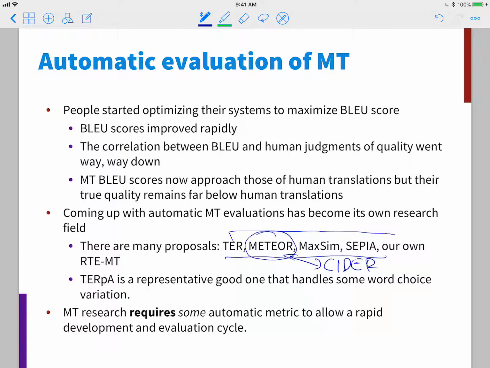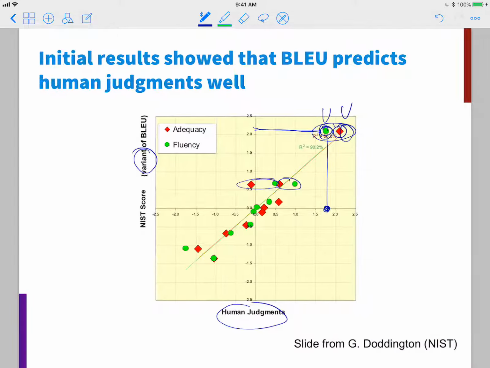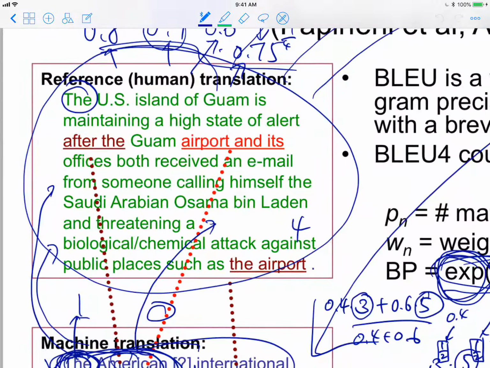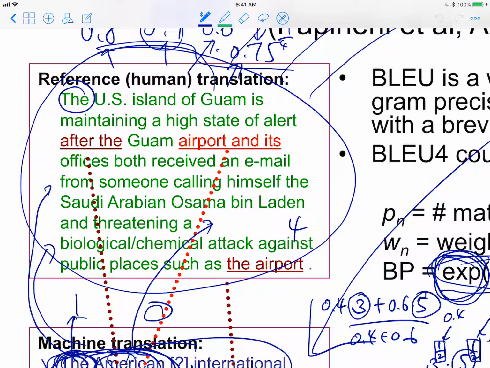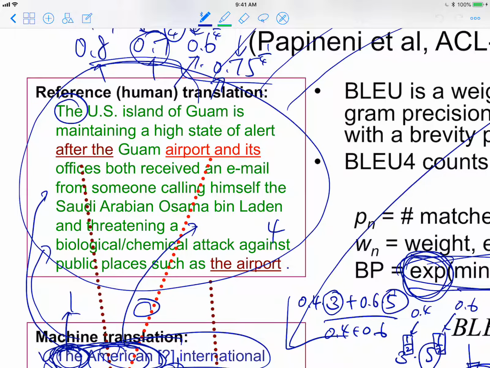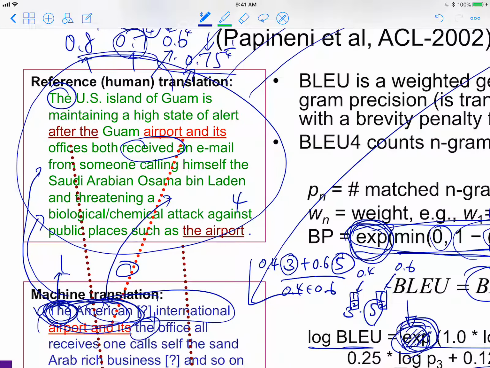So one disadvantage of this BLEU score is that they don't count any kind of similar words at all, right? Instead of using "received", suppose we generated "got".